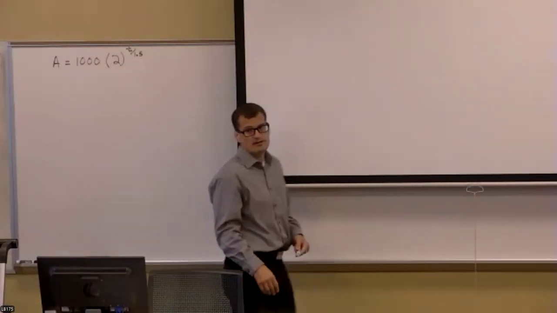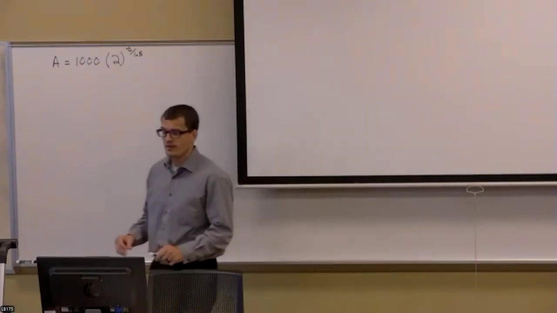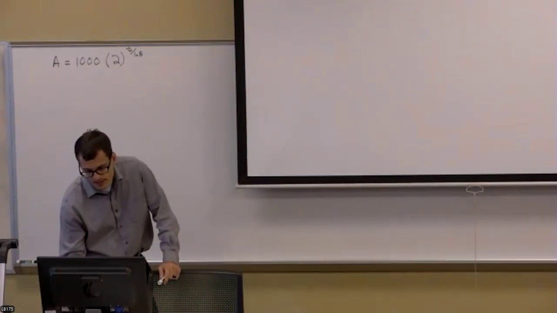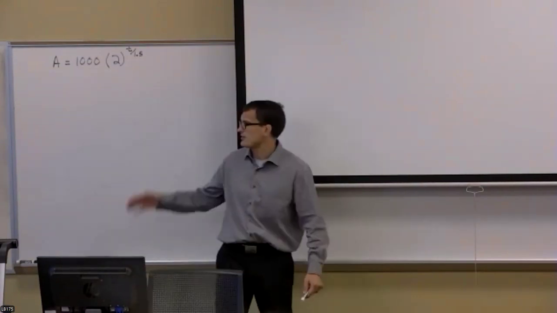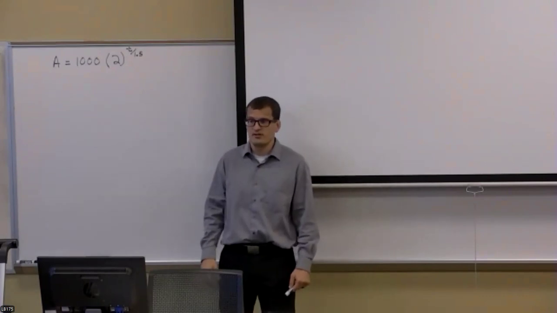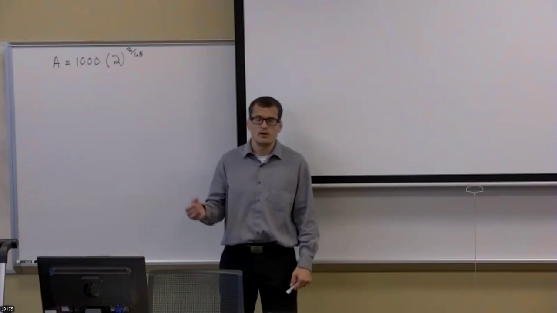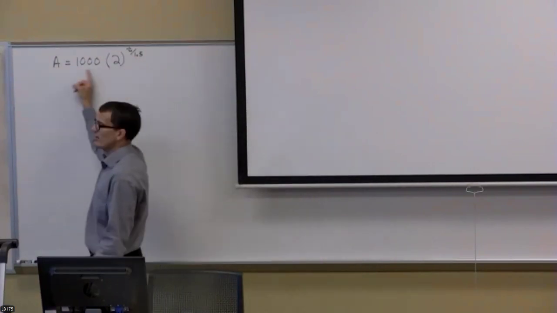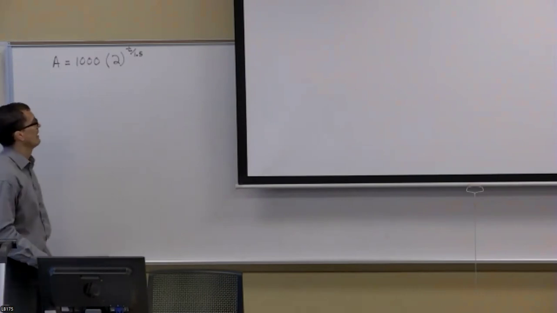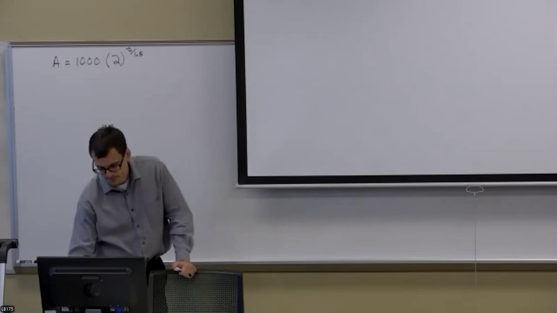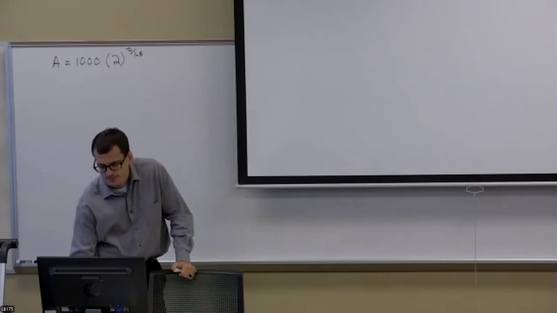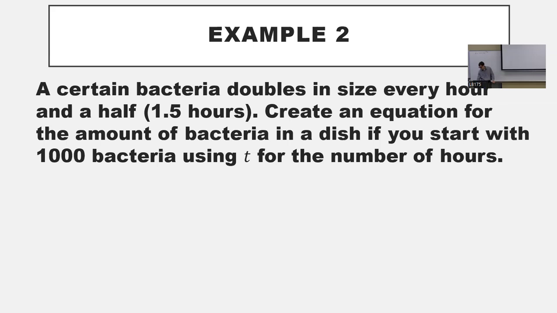And then we used that equation. We plugged in T a couple of times, a couple different values for T, and then we plugged in a value for A and then solved it, right? So we had an exponential equation. Plugging in values for T is just evaluating the exponential. And then plugging in values for A and finding the T, that was solving the exponential equation. Okay. So that's what we did last time.